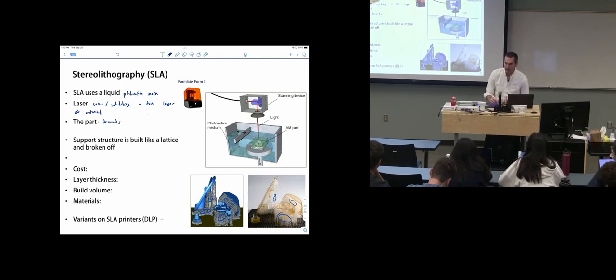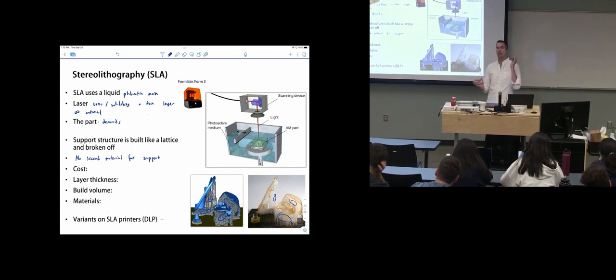We don't have to have a second spool of support material. There's no second material. It's just the SLA. So that's good. That's convenient. All the FDM printers have to have a build material and a support material. You're always filling those back up.